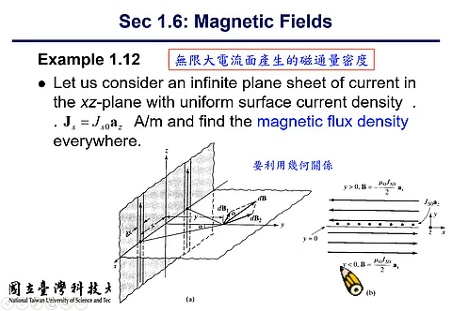If you have an infinitely long line source, the magnitude of the magnetic field is inversely proportional to the distance r. How about if you have an infinitely large surface current? What is the relationship between observation distance and the magnetic flux density B? Let's guess. What's your guess?